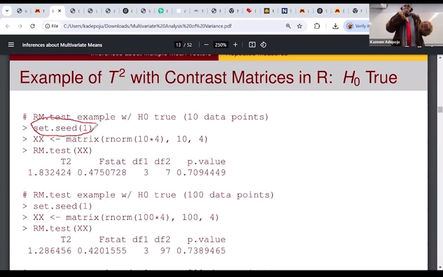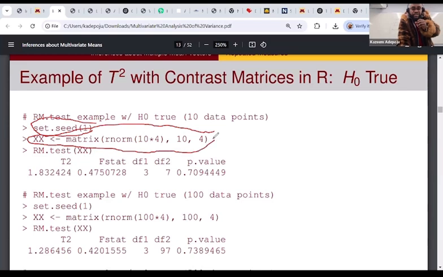If you don't set a seed, the data you simulate will be different from mine. Now, you see, we simulated 10 data points for 4 variables. Take a look at that.